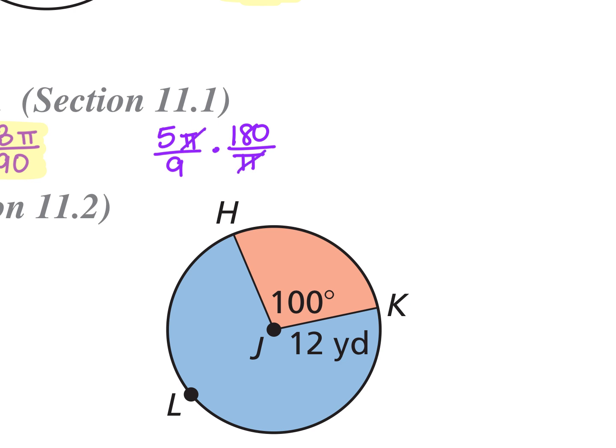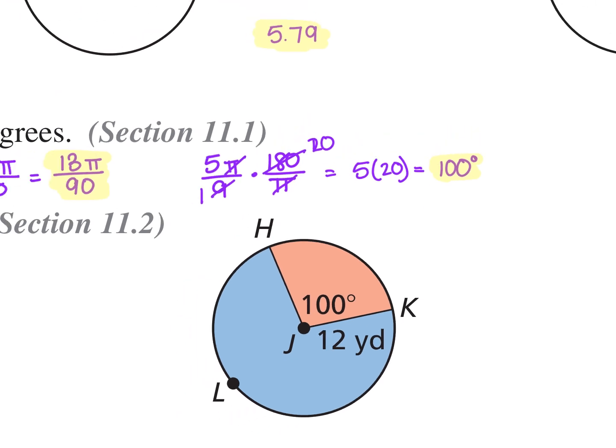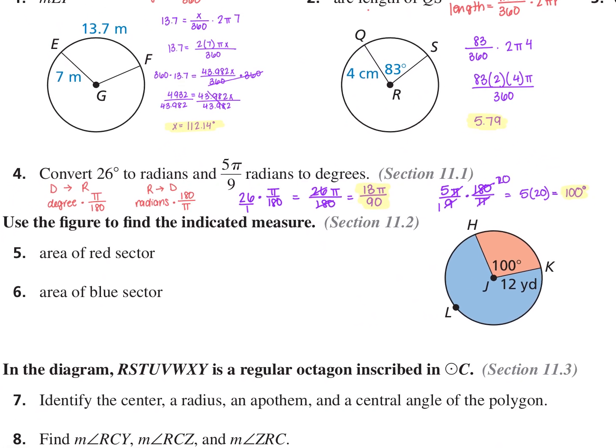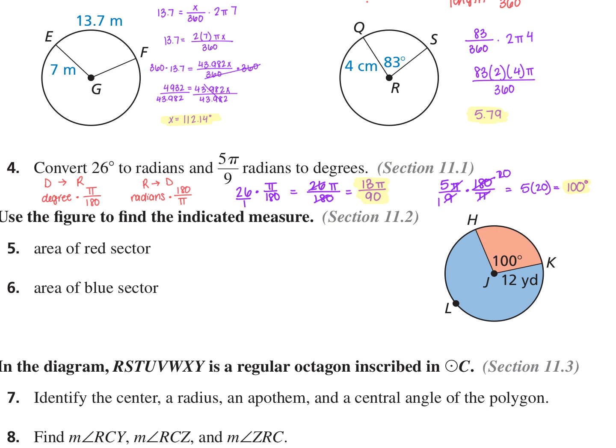It's just going to give me 1. And then I know I could cross simplify 9 and 180. 9 goes into 9 once. 9 goes into 180 20 times. I'm going to end up with 5 times 20. And my answer for this is going to be 100 degrees. Okay, questions on number 4.